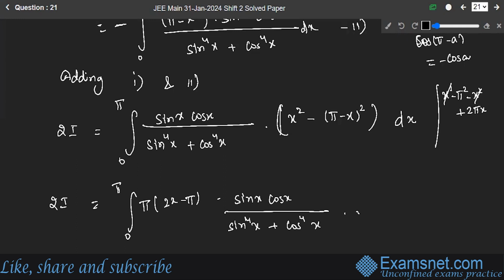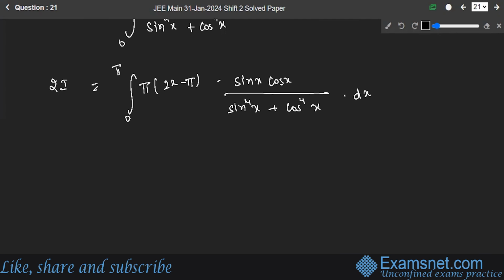All right. So now again, this is an even function, so I can write it like this. 2, I'll take outside, limits will be changed from 0 to pi by 2. And here will be pi, this is a constant, I'll keep it outside.